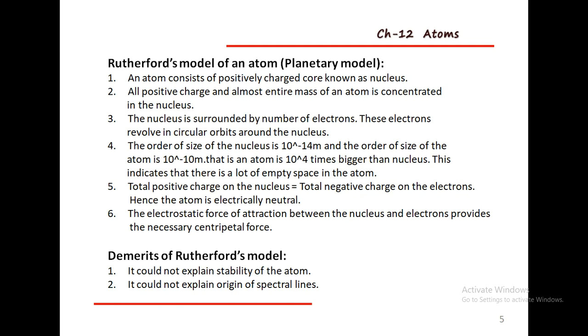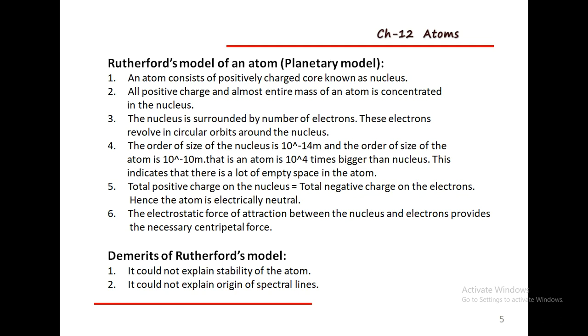So like this, it explains the large angle of alpha scattering, and the nucleus is positively charged, the entire mass is concentrated in it, and the electrons are revolving in fixed circular orbits. The nucleus has a size of 10^-14 meter and the atom has a size of 10^-10 meter, so the atom is 10^4 times bigger than the nucleus.